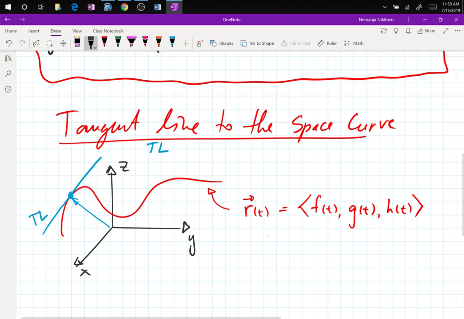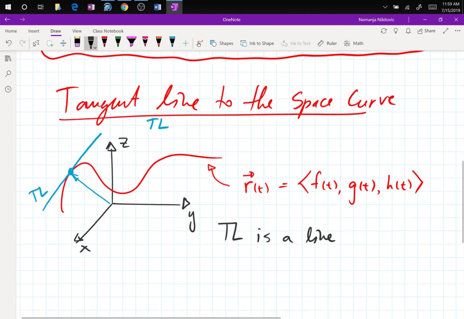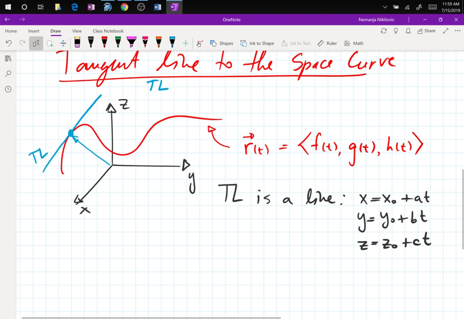But if you recall, a tangent line is a line. And the line has equation x equals x0 plus at, y equals y0 plus bt, z equals z0 plus ct. So the tangent line must have this form. Please don't hand in exam answers to the tangent line with x squares and 1 over x's and things like that.